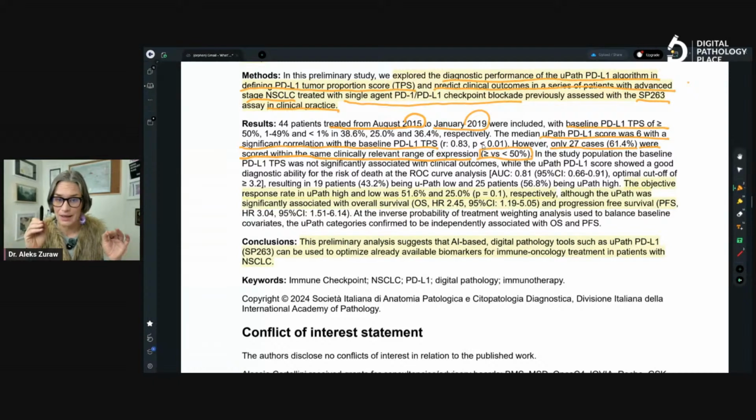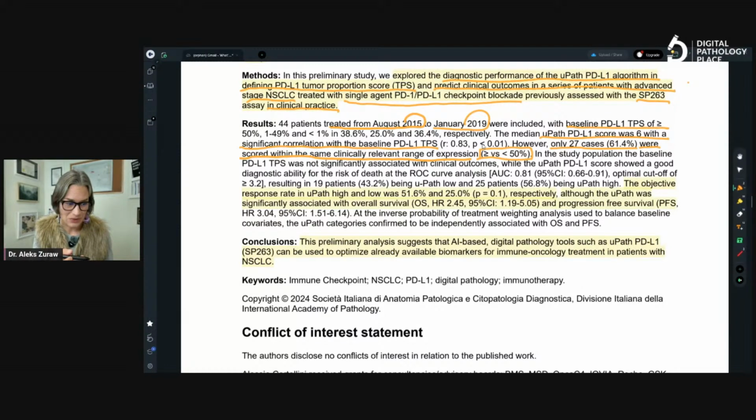So there was a correlation, but the UPath automated tool classified those patients in a different, so to say, bucket. And if you're in a different bucket, then your treatment decision is different.